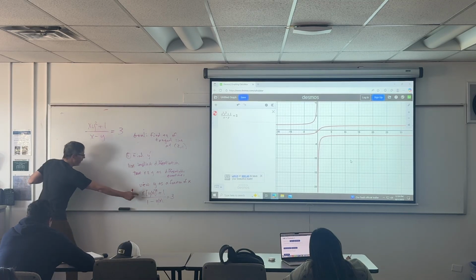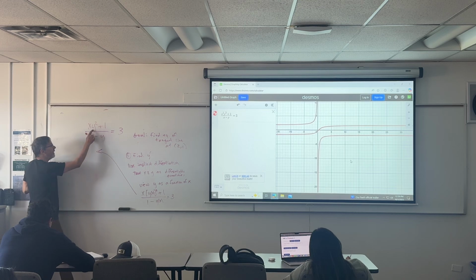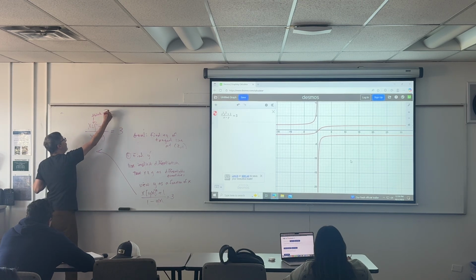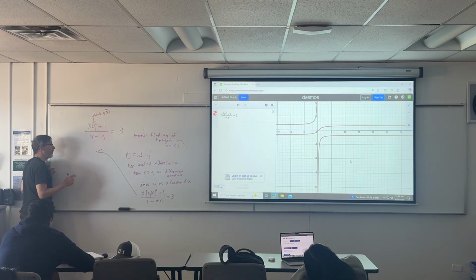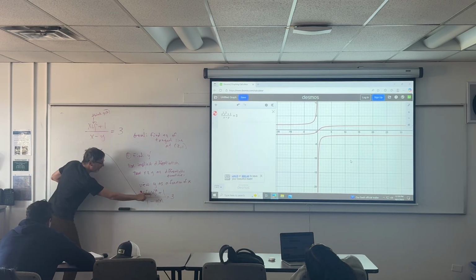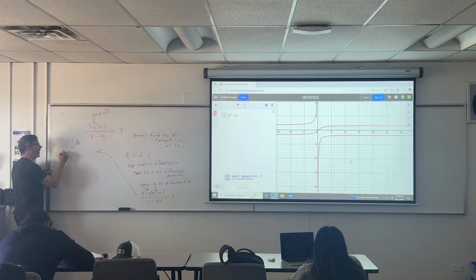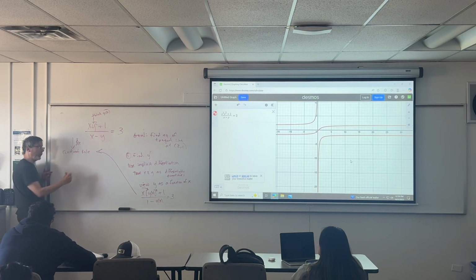So I'm going to differentiate this thing right here. And every time I see y, I'm going to think y of x. So that means I have the chain rule. Notice this is a chain rule when I differentiate that, because it's a y of x inside of another thing. So let's differentiate, d dx. First thing I need is the quotient rule, because I have a quotient.